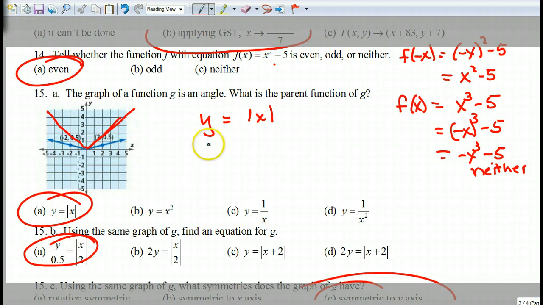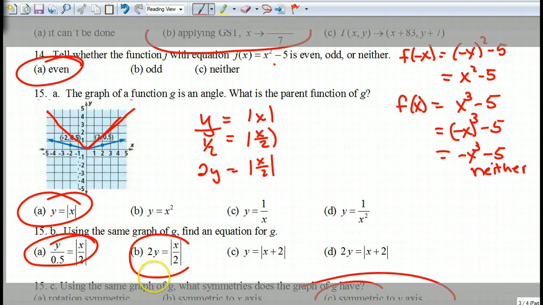So it'd be y over 1/2. And this one, because it is stretched, is going to be x over 2. But if you notice, this y over 1/2 is the same thing as saying 2y. So both of these right here are the same. If you got either one of those, you should have had the right answer.